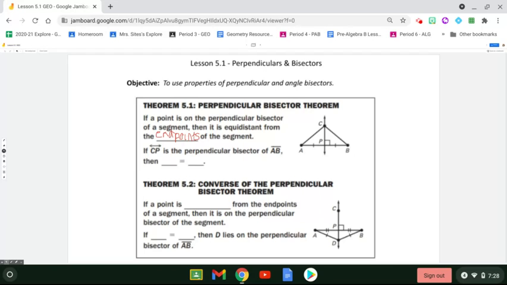So here's line CP, and it's the perpendicular bisector of segment AB, meaning that it's cutting AB into two equal parts. And you can see that with the indications on the picture. You can also see that it's cutting at a right angle because it has a 90-degree mark.